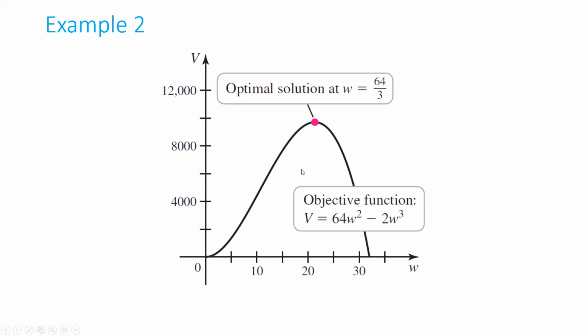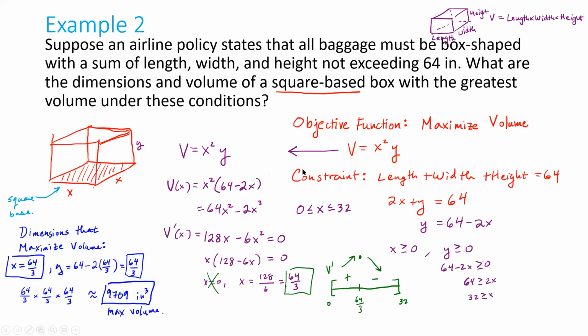Okay. So yeah, you notice that these problems can be a little bit lengthy, putting the pieces together at the beginning at least. But actually what you'll notice is the actual work that we did here, once we get our objective function in terms of a single variable, is actually a pretty simple calculus problem.